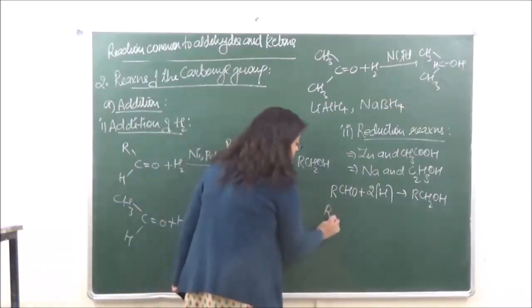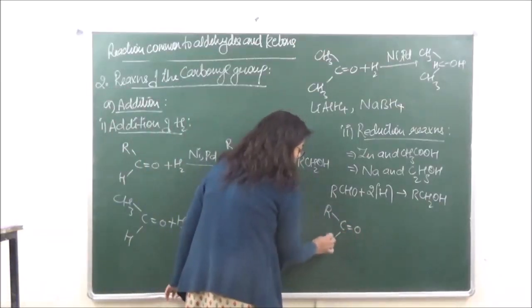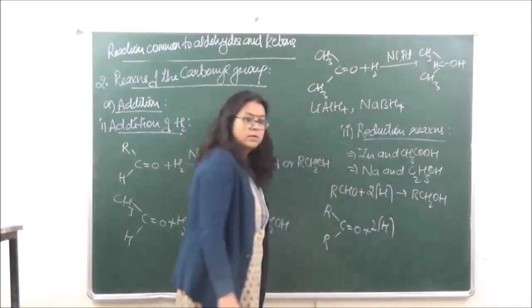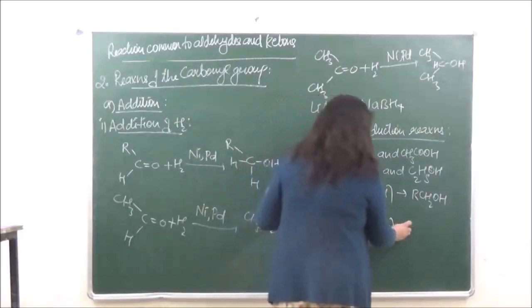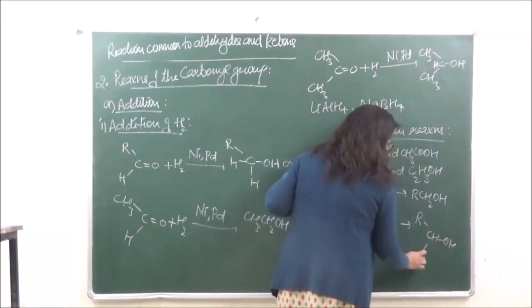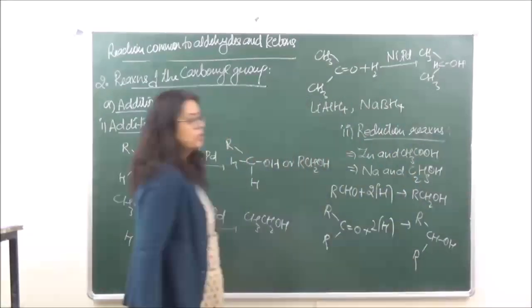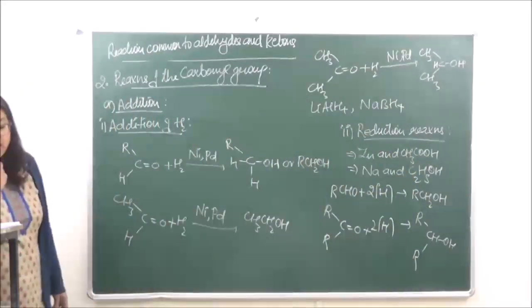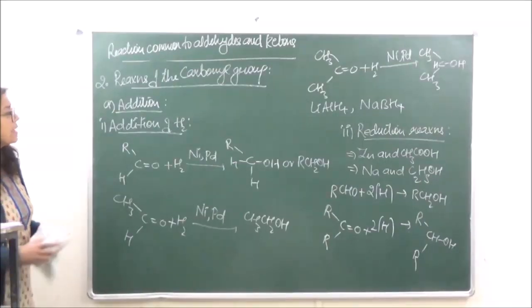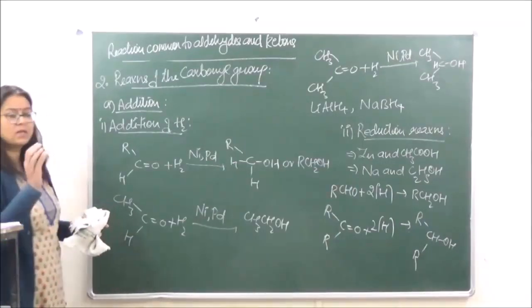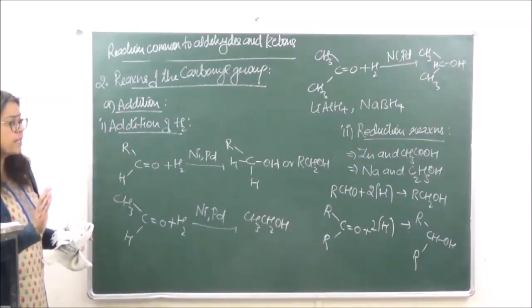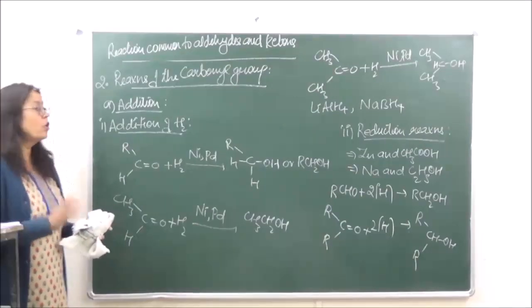So if you're taking a ketone over here, right, this is going to give us what? A secondary alcohol. Ketone will give us secondary, and if we have acrolein, that is, in this case, the double bond present in the carbon chain, and we are using lithium aluminum hydride as a reducing agent, that double bond will not be changed.